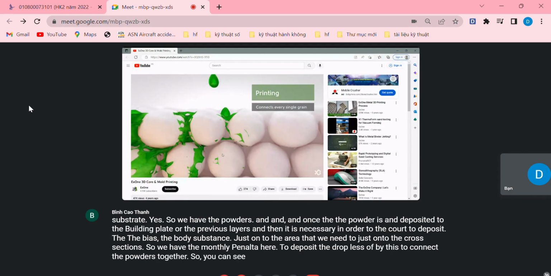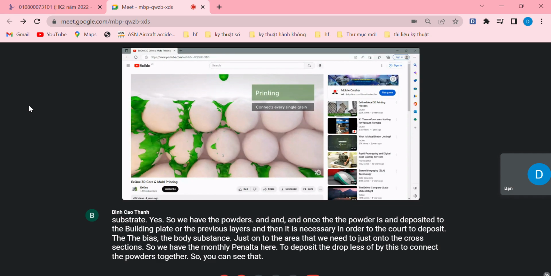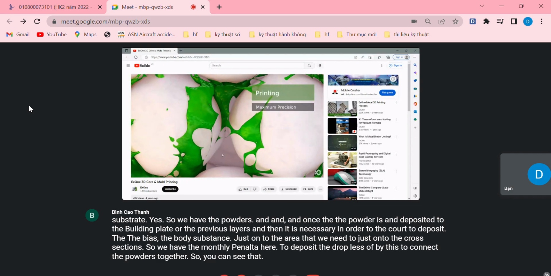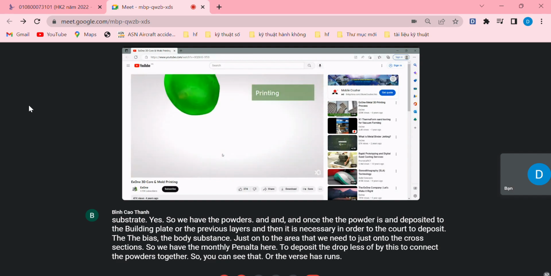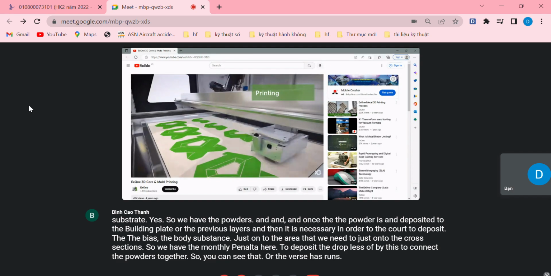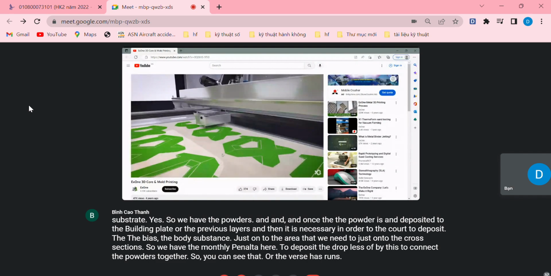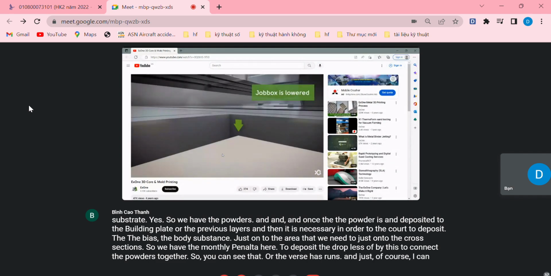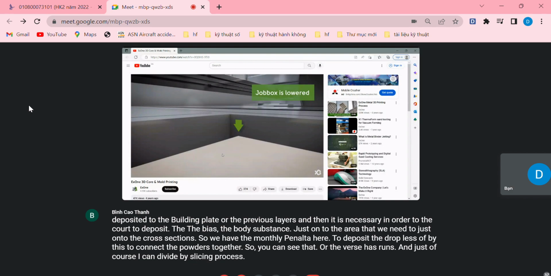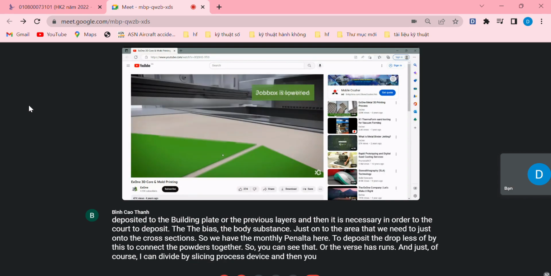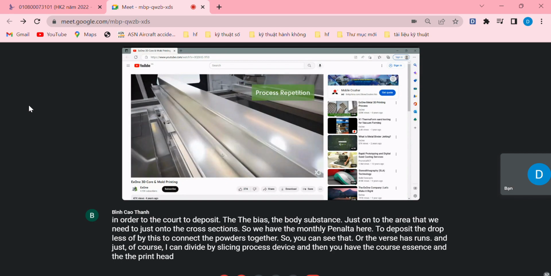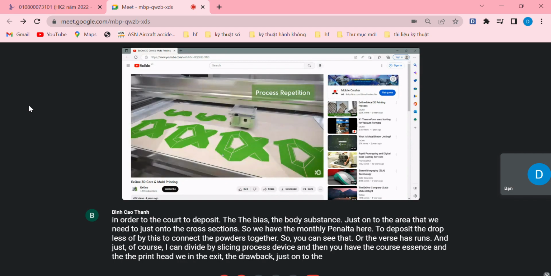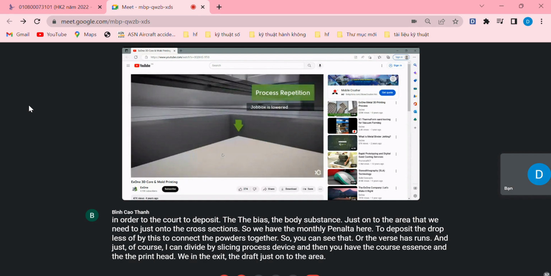So you can see that the process runs. The cross section is defined by the slicing process, and then the print head deposits the droplets just onto the area of the cross section of the part.